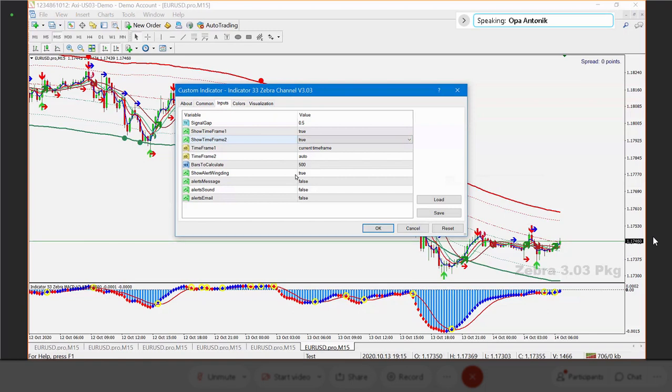I'm showing the windings, that's the dots, and I can get alerts sent to me. This particular one, for whatever reason, doesn't show that I can also have push. The push will indicate on time frame number 1. It will not indicate time frame number 2, only time frame 1. So I set that up.